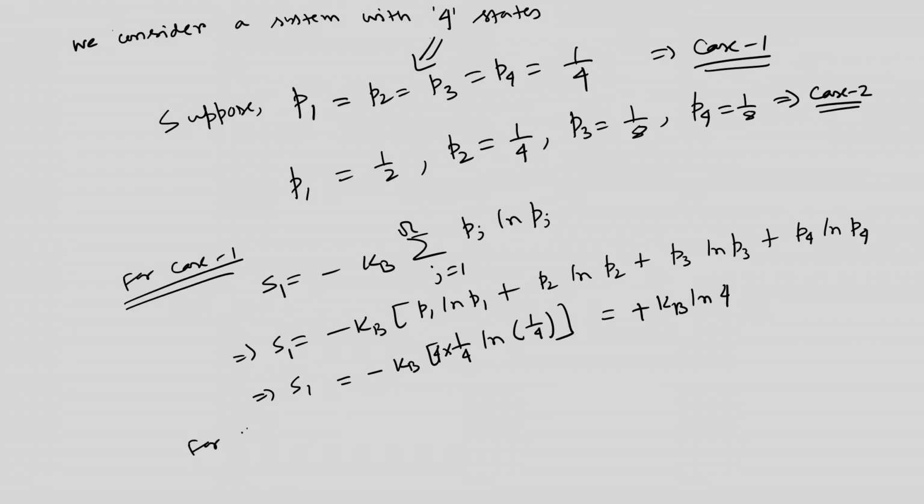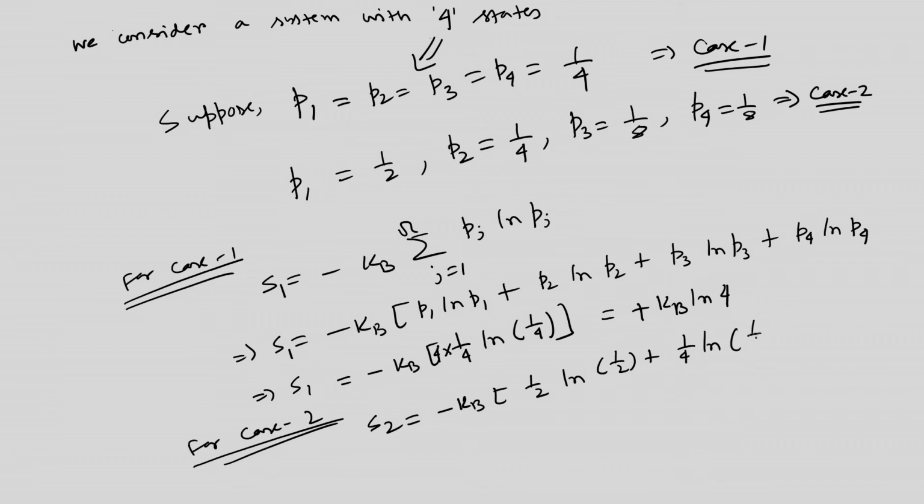For case 2, we get entropy S2 is minus kB, and if we calculate this, we get S1 is greater than S2.